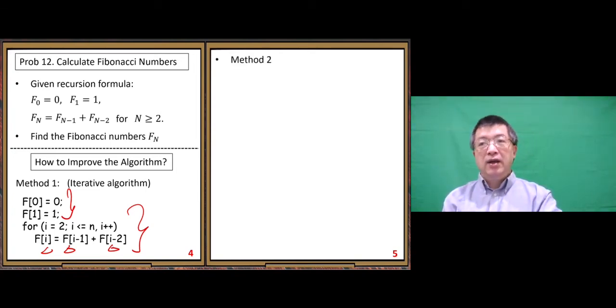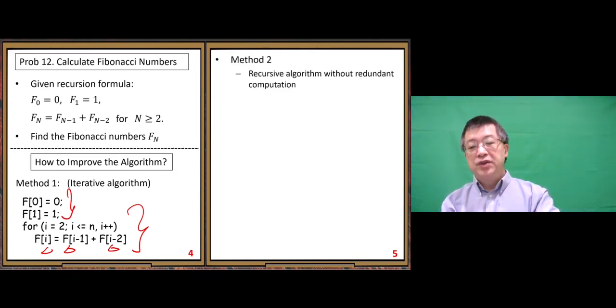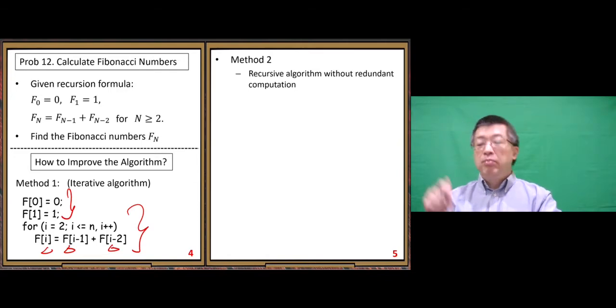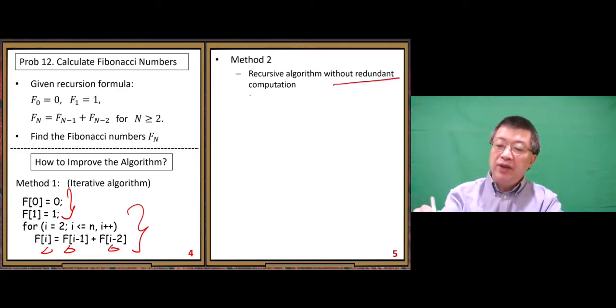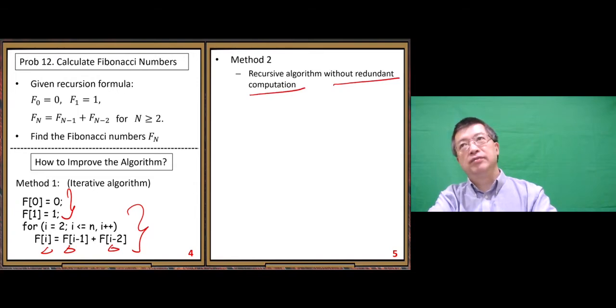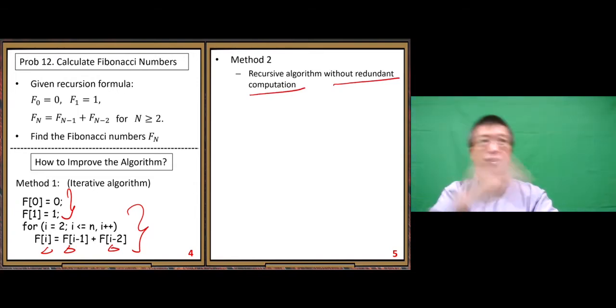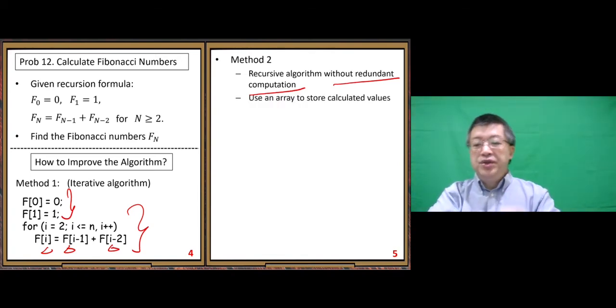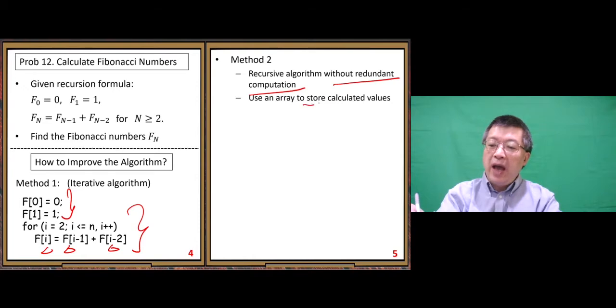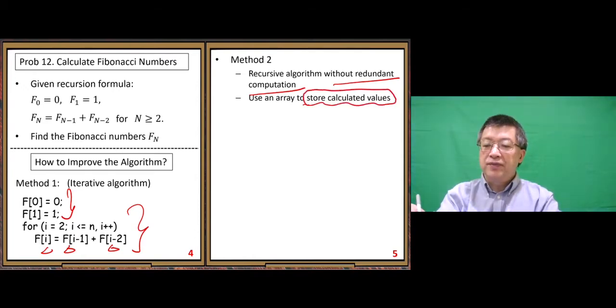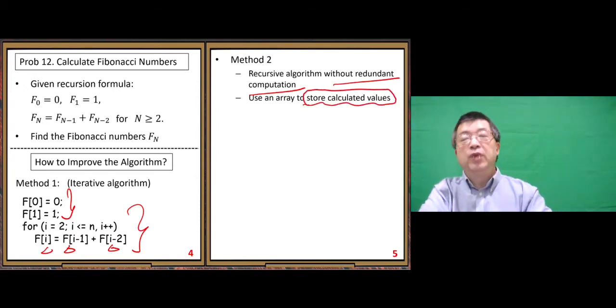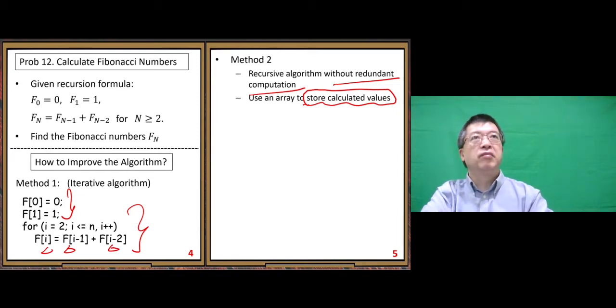All right, so method 2. In method 2, we still use the recursive algorithm. We just remove the redundant computation part. If we can do it, we can still use the recursive algorithm, right? So that's the first thing. Second, we use an array to store calculated values. How do we remove the redundant computation?